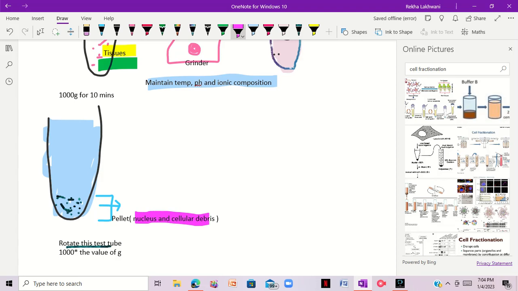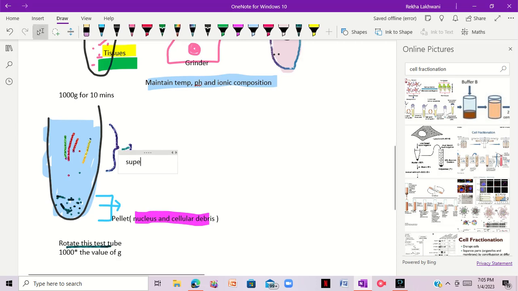So first they will be drained. Now the lighter objects, these are the lighter ones. This portion is known as the supernatant.